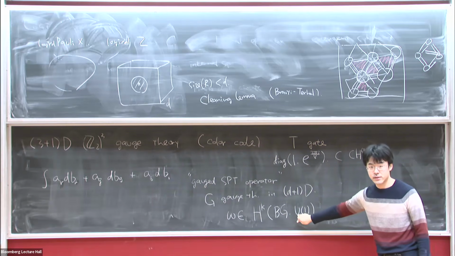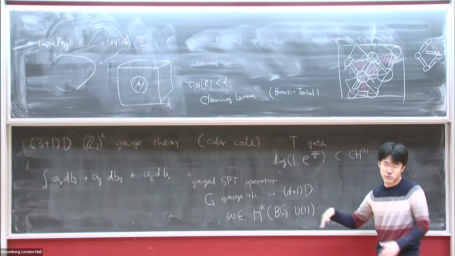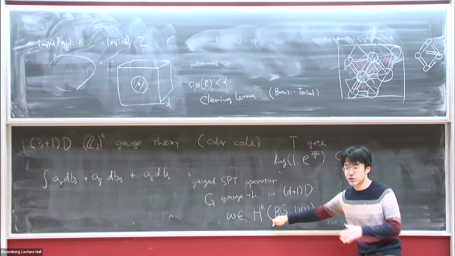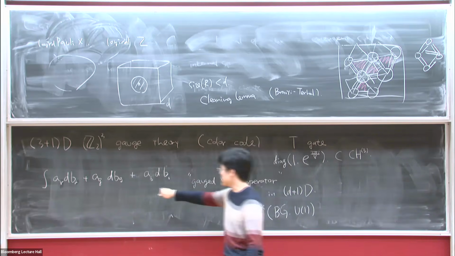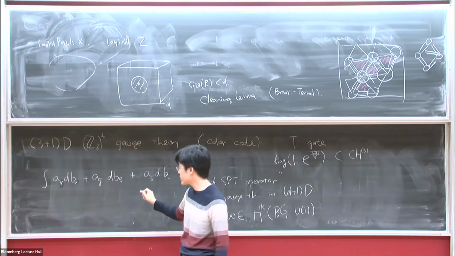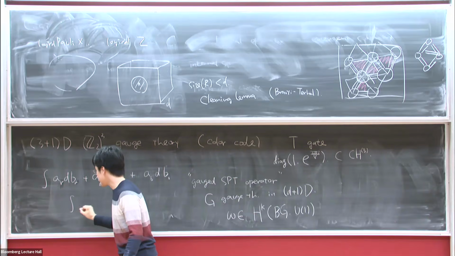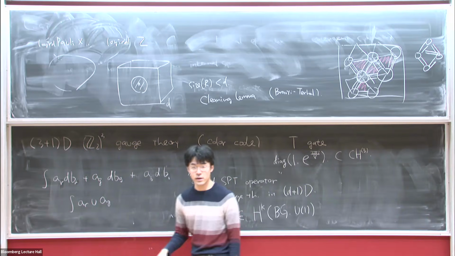It's basically defined by inserting a topological response into a codimension-K, K-dimensional subspace of the whole spacetime. For instance, in the case of the Z2 cubed gauge theory, we can define a two-dimensional topological operator by the product of A_R A_G.